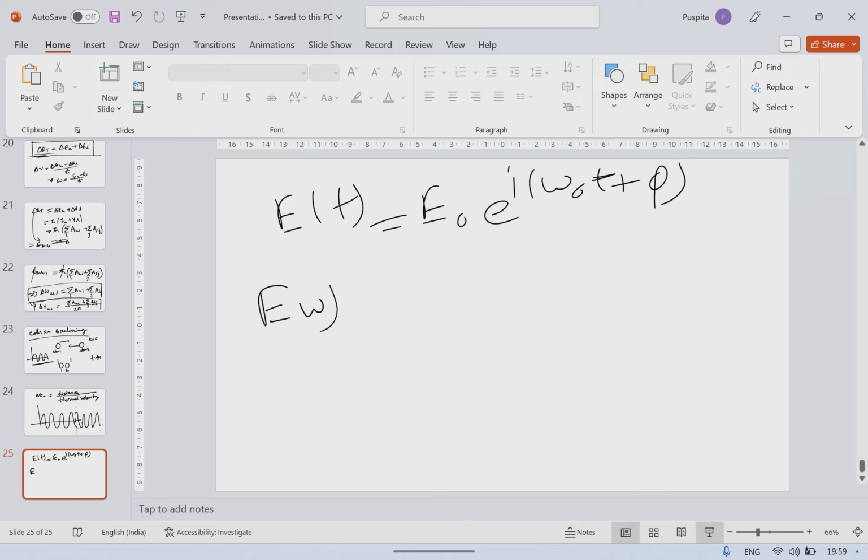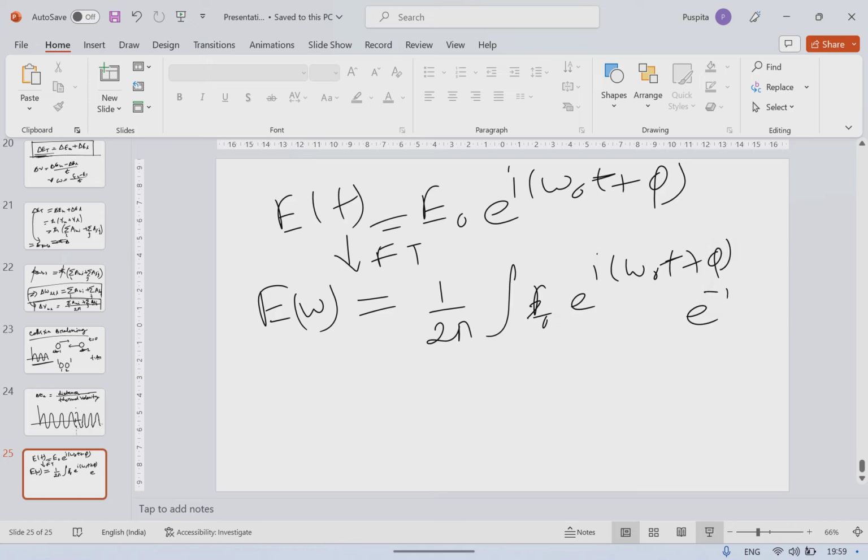Again we need to take a Fourier transform, and we get 1 by 2 pi integral of e0 e to the power i(omega naught t plus phi) times e to the power minus i omega t dt. Then we will get the intensity, which is proportional to E(omega) whole squared.